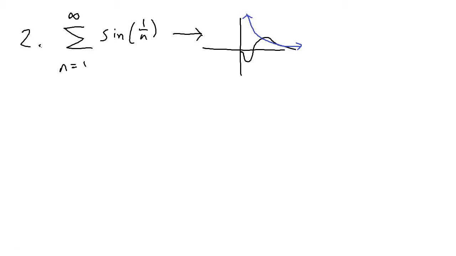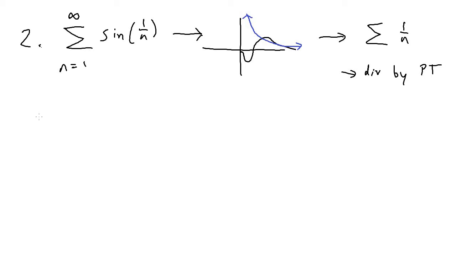I can compare this to the series of 1 over n, and obviously 1 over n is a divergent harmonic series, so we can say it diverges by the p-test or divergent harmonic series.